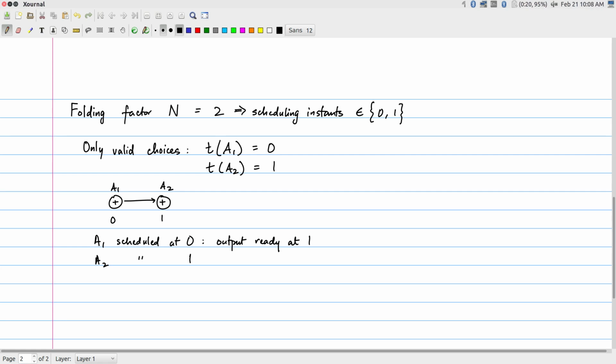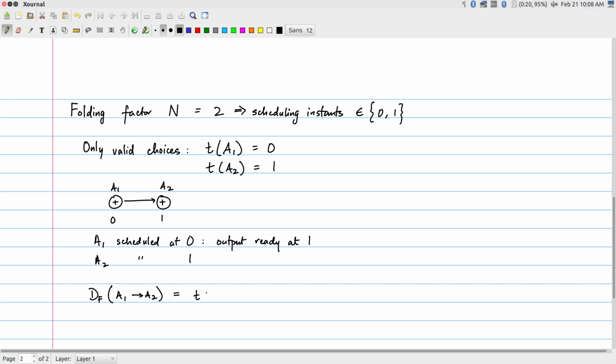Okay, so what I'm going to do is define a term over here called df. The idea of df is simply, are there any extra delays or registers required on the edge connecting A1 to A2?